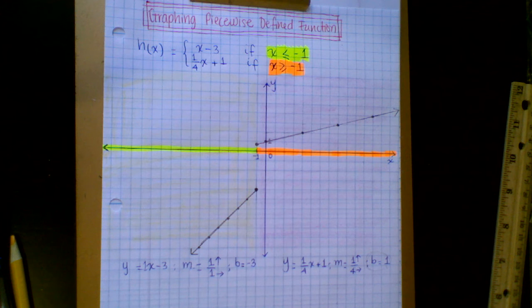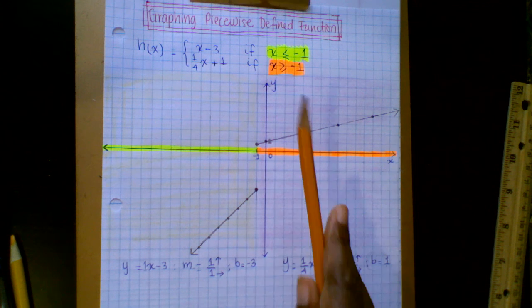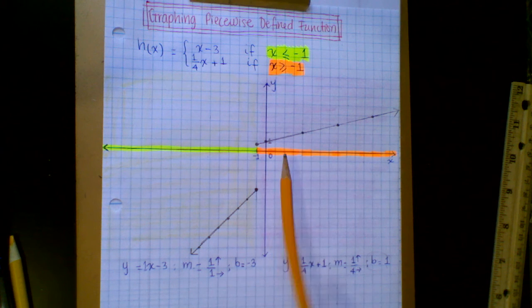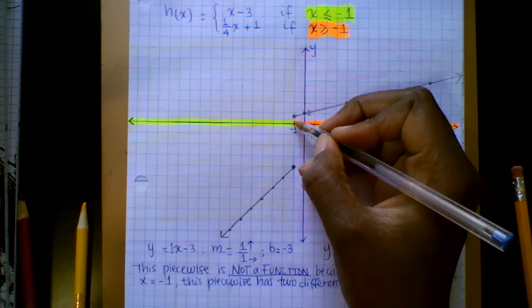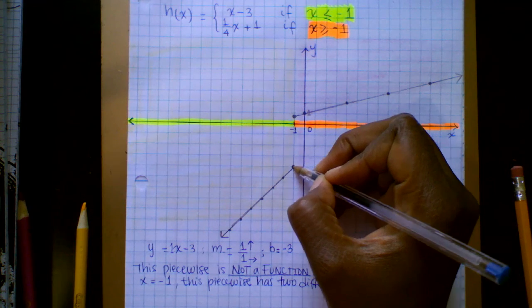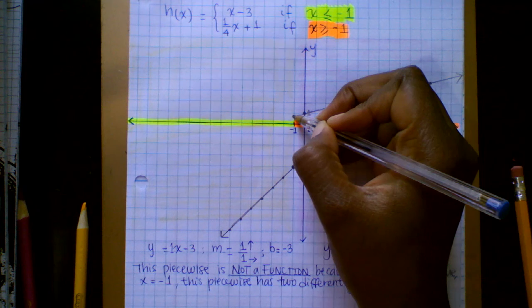However, like I explained before, this is not a function. Why is it not a function? I explained below that this piecewise relation is not a function because for the same x value, for x equals -1, we have two different y values.